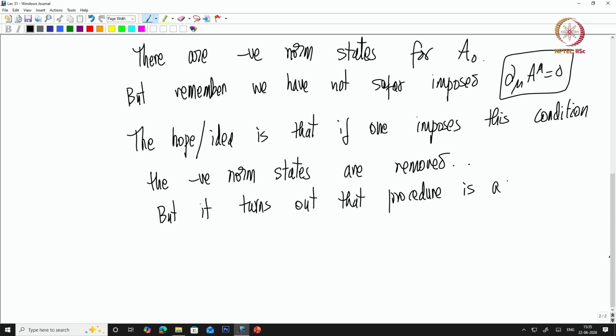It turns out this condition cannot directly be used at the operator level.